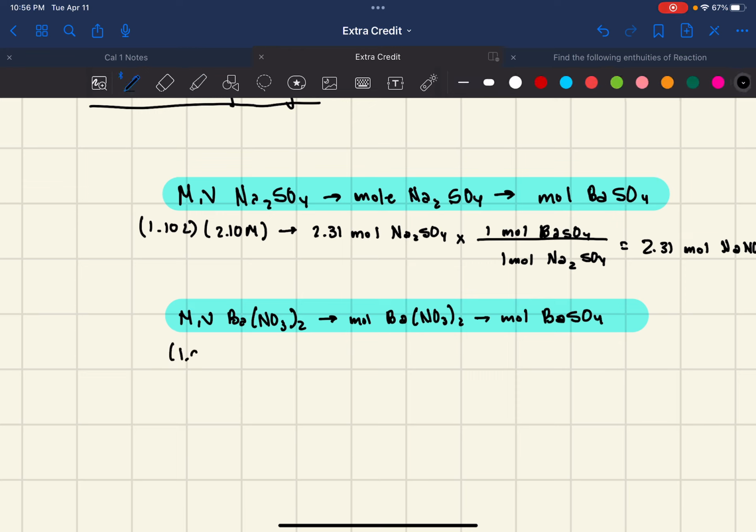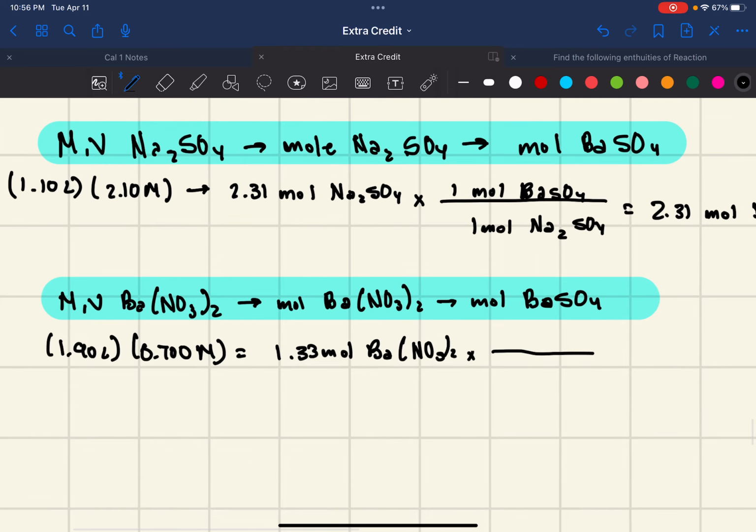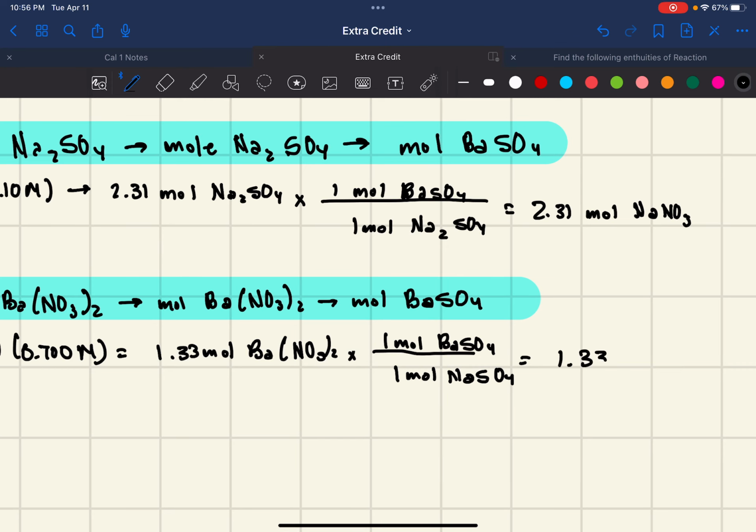So that's going to be 1.9 liters times 0.700 molar, which equals 1.33 moles barium nitrate, times the mole ratio, which is 1 mole of barium sulfate to 1 mole of barium nitrate, equals 1.33 moles of BaSO4.